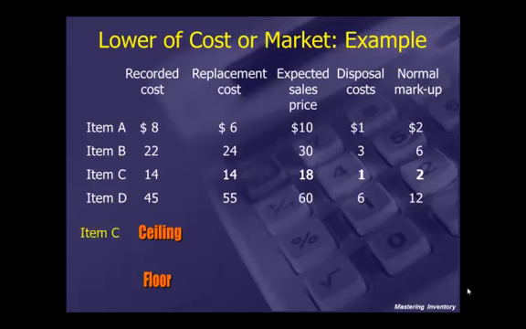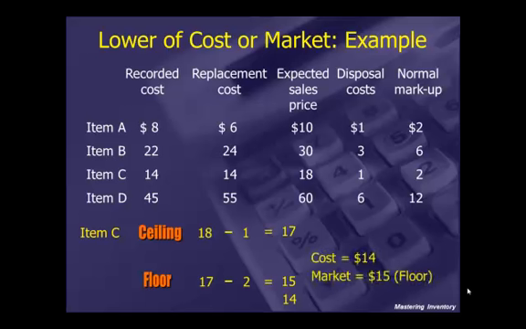Item C, the expected sales price is 18, less disposal of 1 is 17 for the ceiling. That ceiling, the net realizable value of 17, minus the normal markup of 2 is 15. The replacement cost is 14, below the floor, so we need to use the floor. When compared to the cost of 14, we use 14 for the lower of cost or market.